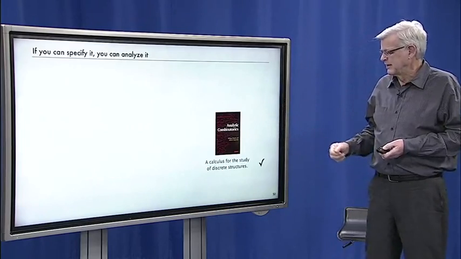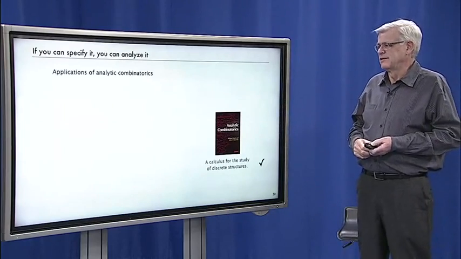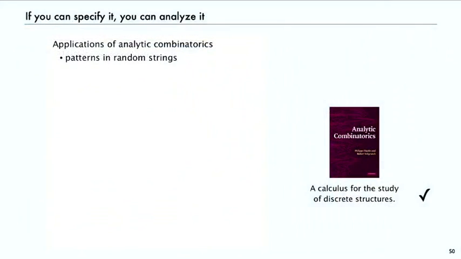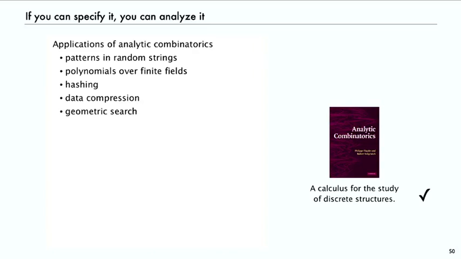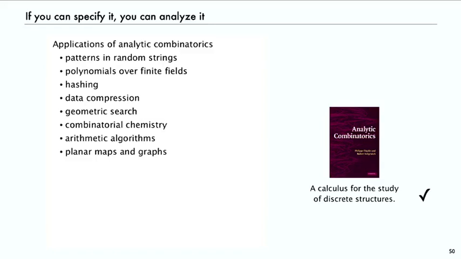And so in 2009, we think this one is solved. It has all kinds of applications, from studying patterns in random strings with finite fields, standard algorithms like hashing, data compression, geometric search. Chemistry has combinatorics, and one of the original histories of our field was George Polya studying applications in chemistry.